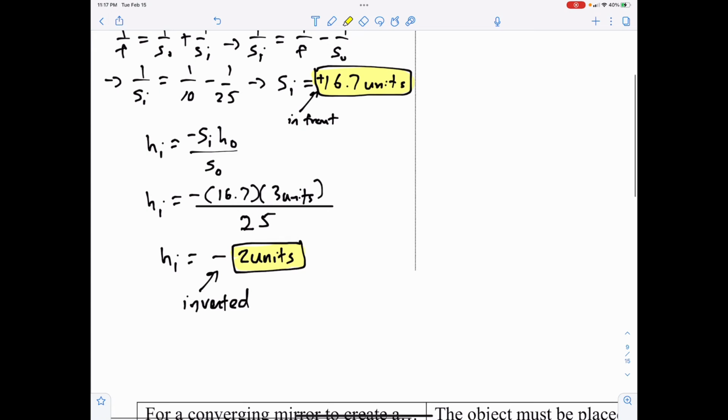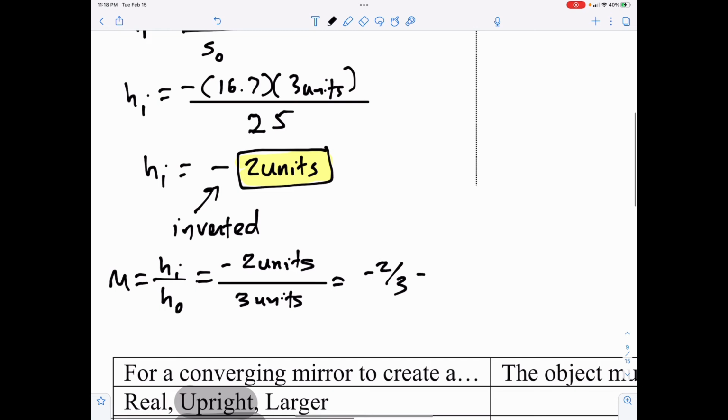Okay, now what would the magnification be? The magnification, I can just simply go HI over HO, and it's going to be negative 2 units divided by HO, which was 3 units. And so I get a magnification of negative 2/3, or I should say negative 0.67.